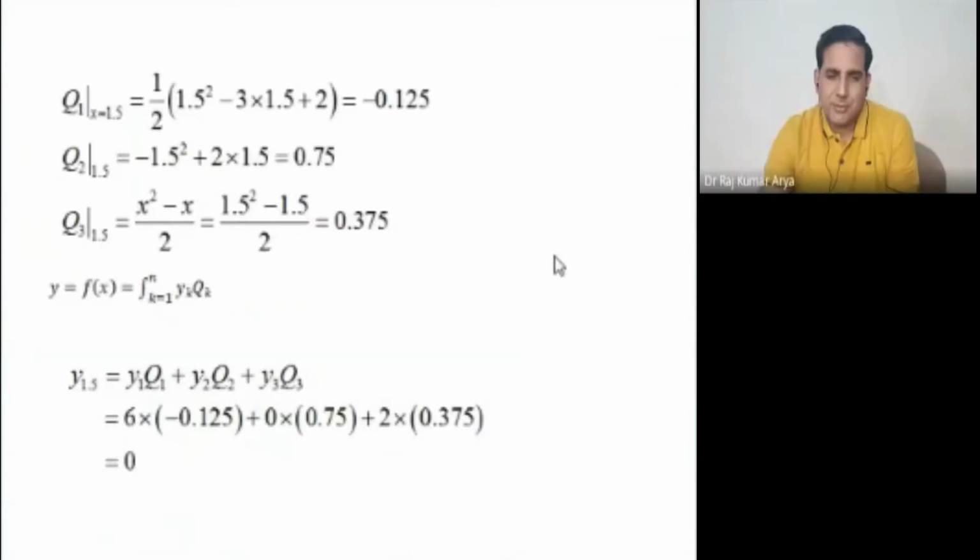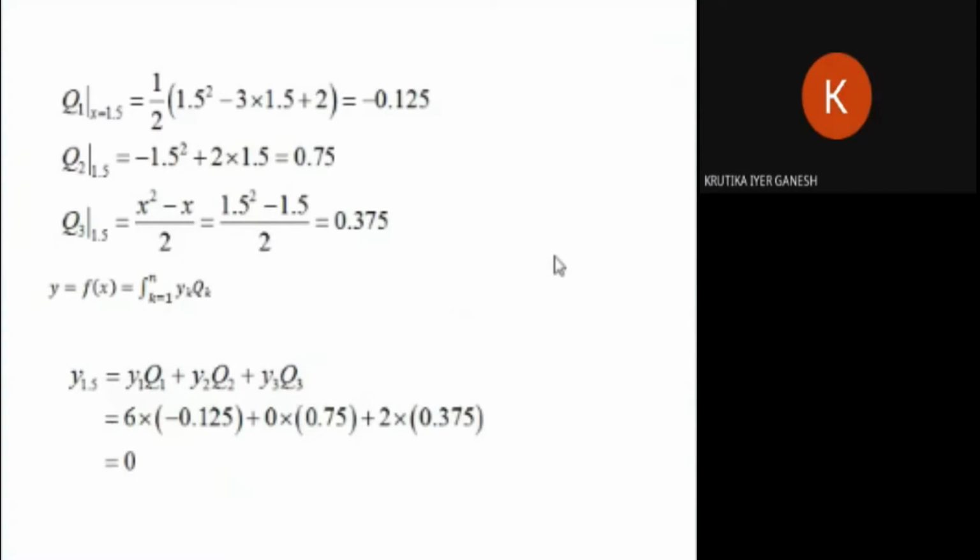Okay. So if you have, then you will get your Q1, Q2 values that are minus 0.125, minus 0.75 and 0.375. These were your values of Q1, Q2, and Q3 at x equal to 1.5.